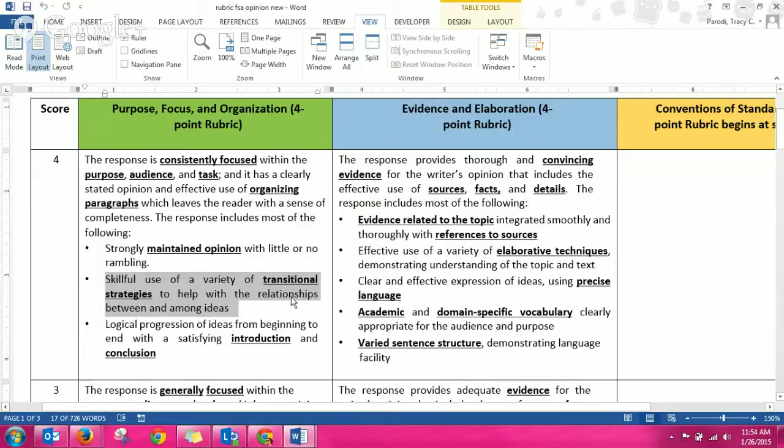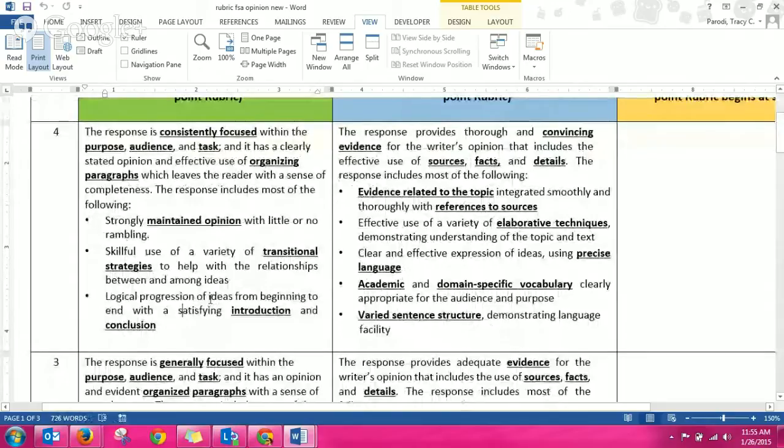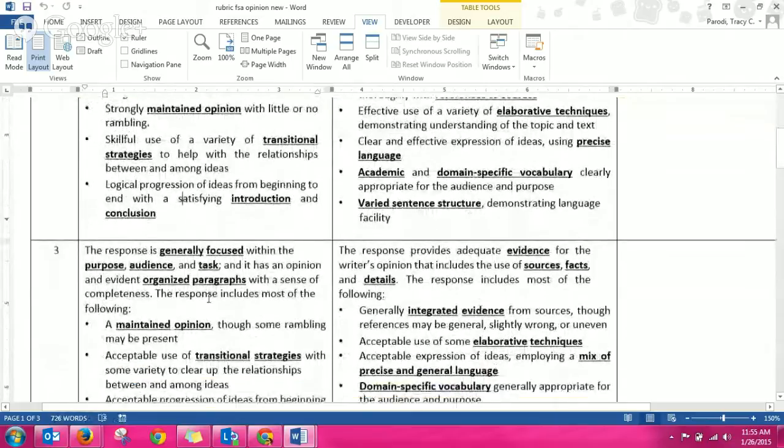Transitional strategies are just the words you use to get from one paragraph to another. And then a logical progression of ideas from the beginning to the end with a satisfying introduction and conclusion. Many kids don't understand introductions and conclusions, so it's hard for them to provide a satisfying one. And we'll have to talk about that in a later video.